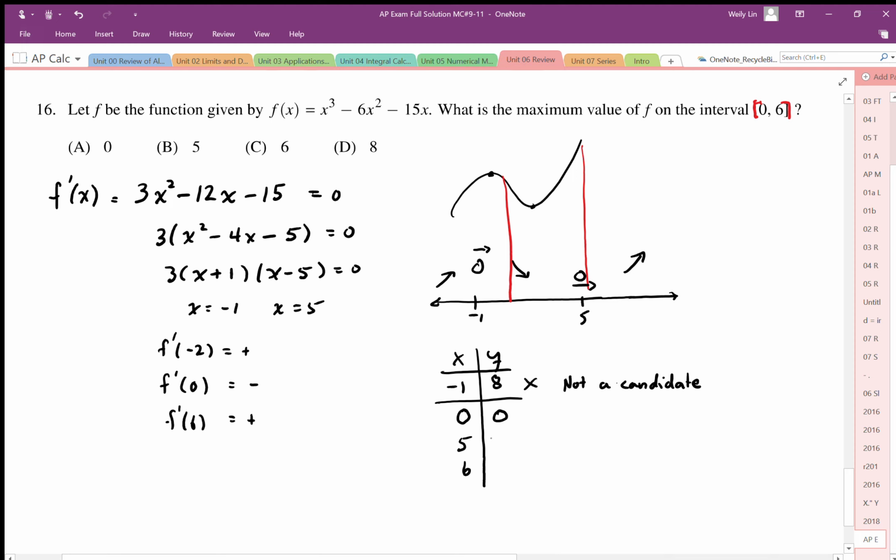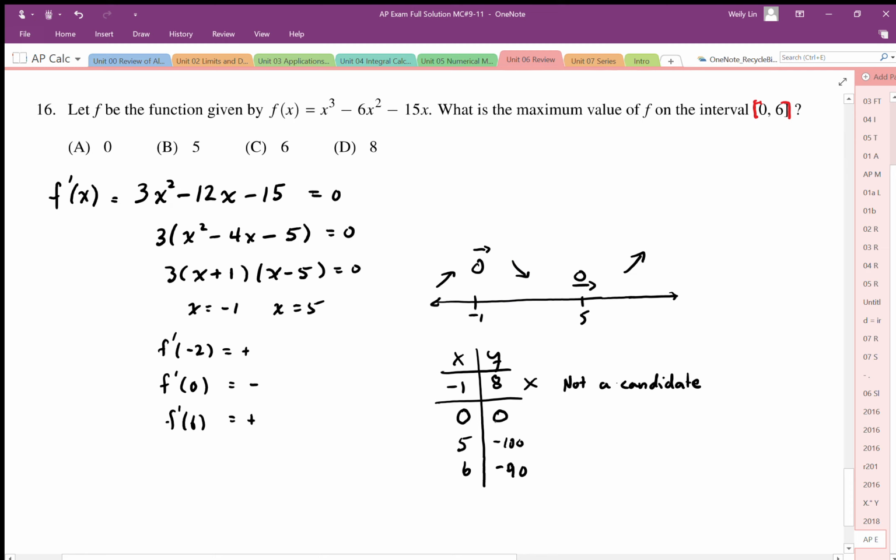So it looks like it's negative 100. So that would be our min point down here. The other endpoint, when we plug in x is 6, we get 6 cubed minus 6 cubed minus 15 times 6, or negative 90.